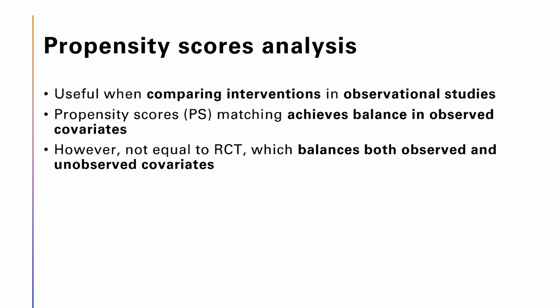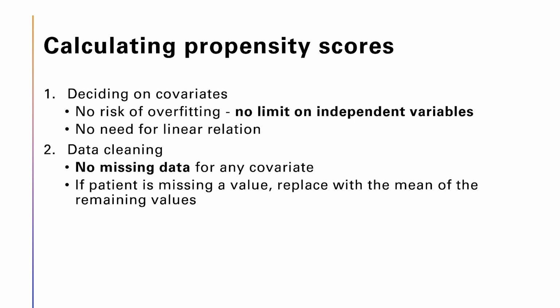But one thing that we should note is that propensity score matching is not a replacement for a randomized control trial, because the randomization process achieves balance in both observed and unobserved covariates, while propensity score matching only balances the observed characteristics.